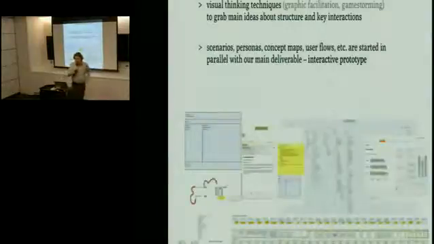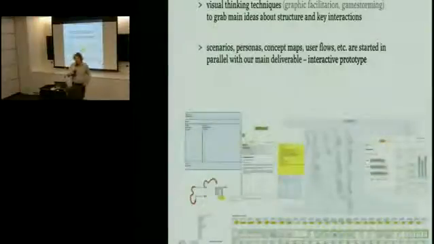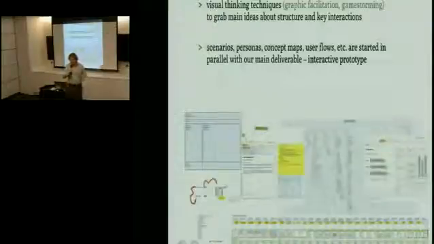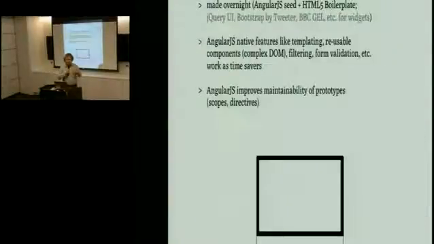So we start our prototyping with a conceptual phase. We practice a lot of visual thinking and a lot of graphic facilitation, etc. As user experience people, we also create lots of deliverables: personas, concept maps, user flows. But the most meaningful thing is that we start the creation of our prototype right away. And we create an interactive prototype like overnight.